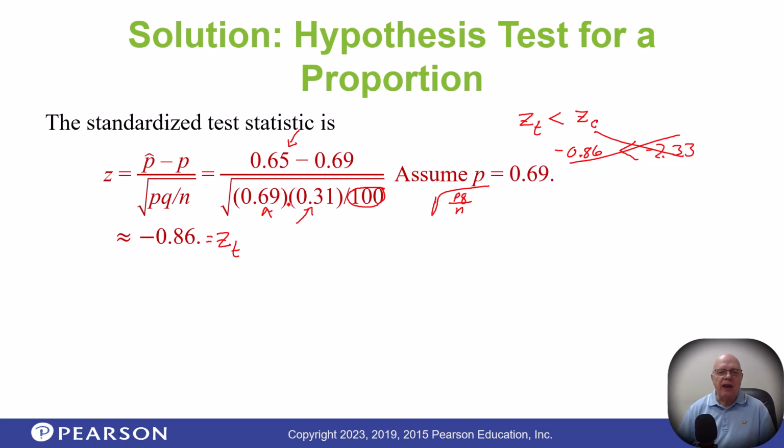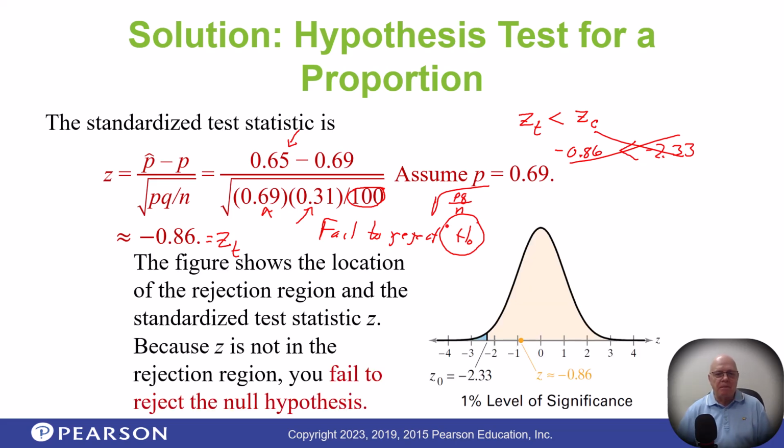So we're going to fail to reject the null hypothesis. Now, the null hypothesis was not our claim. Since we failed to reject the null hypothesis, we're going to stick with the null hypothesis, which means we don't have evidence to support the claim.